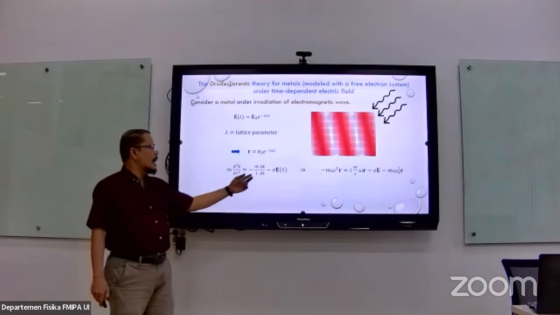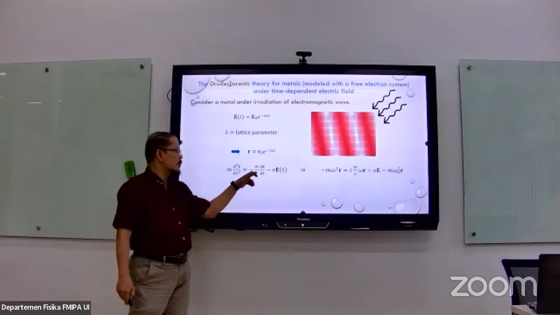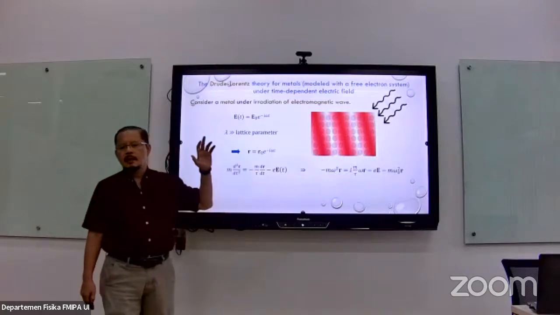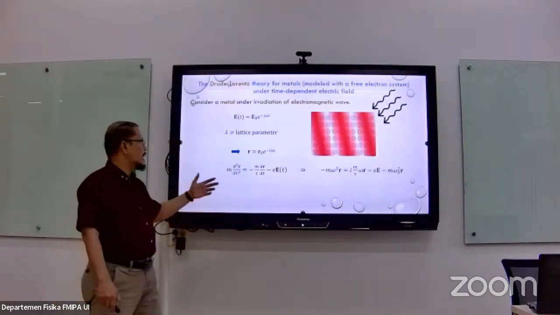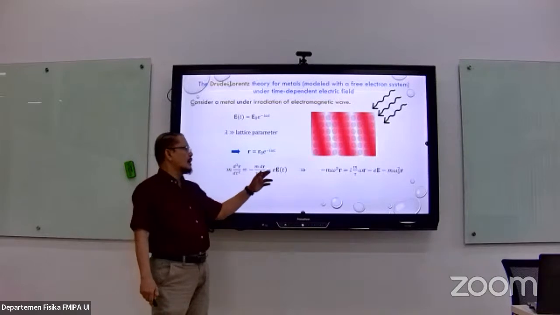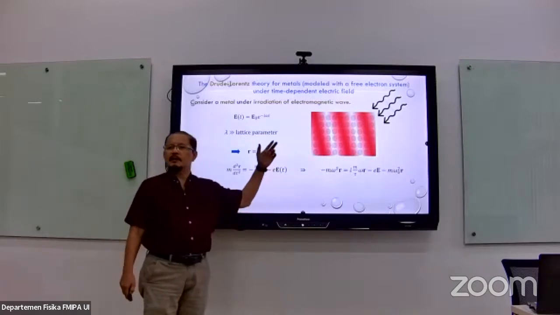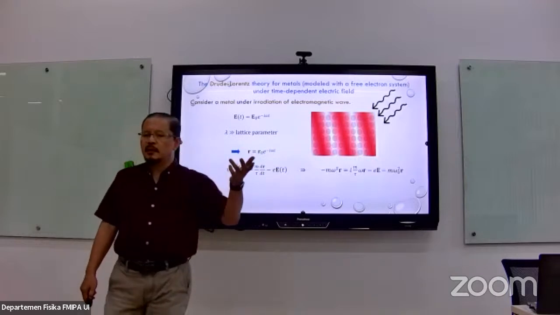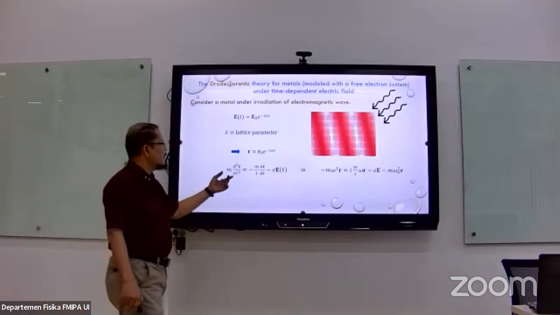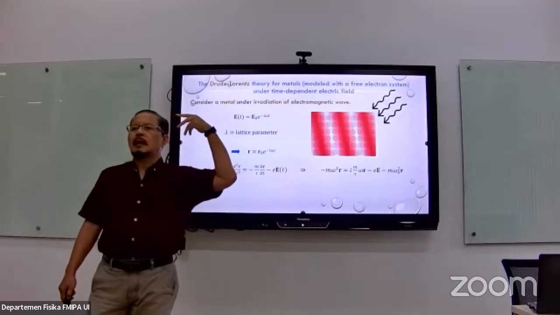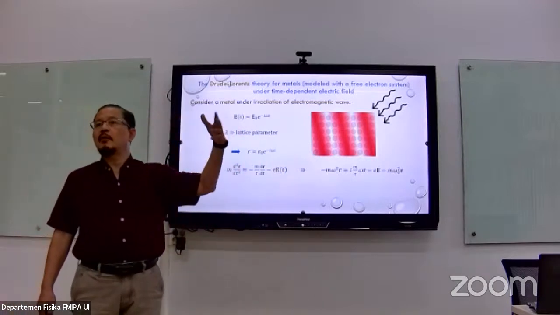And we need to add another term, the first one in this case, which should be there because otherwise, if the electrons are only affected by the electric field, and it is constant, it will accelerate the electrons forever, right?